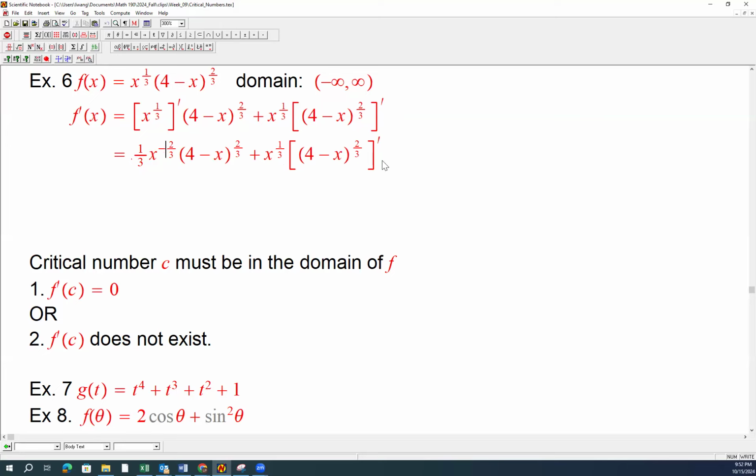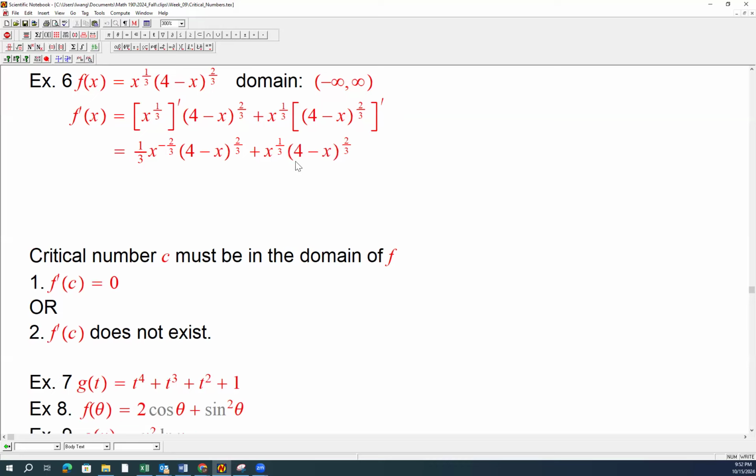On this piece, we're going to apply the quotient rule. On this piece, the power 2/3, and this power minus 1, that's going to be -1/3 for this power.